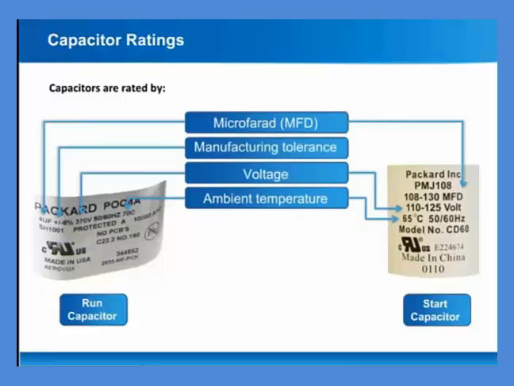The capacitor label shown on the left is from a 4 microfarad capacitor manufactured with a plus or minus 6% tolerance. Start capacitors normally do not show a tolerance, but do indicate a microfarad operating range on the label, as on the capacitor shown on the right.